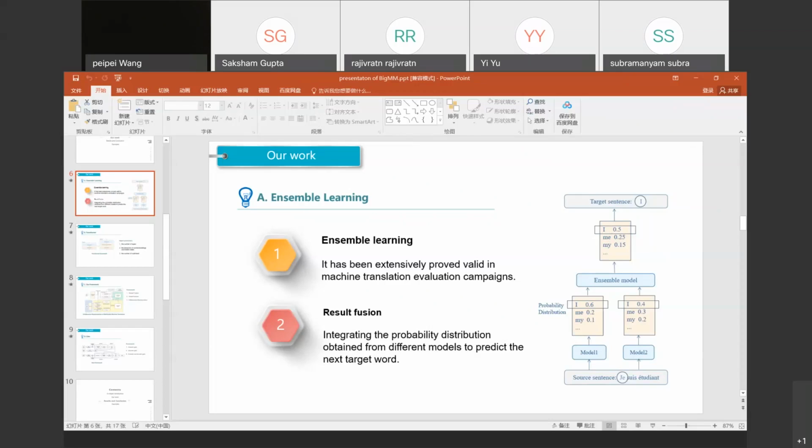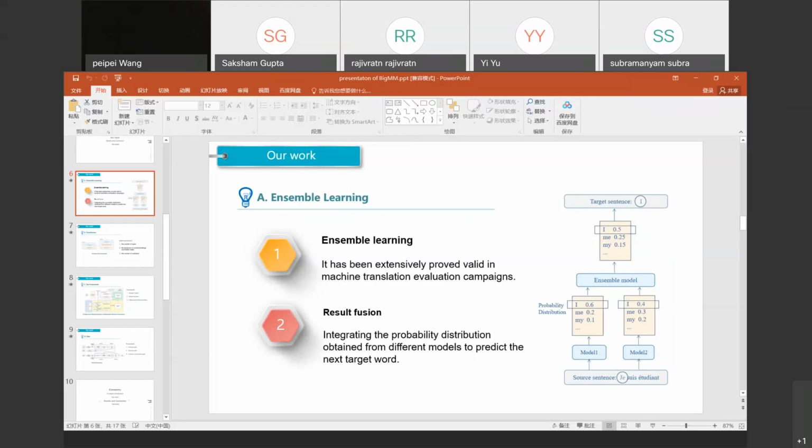Okay, thank you. Any questions? Do you use any measurement to calculate the score for each word you generated? Yes.